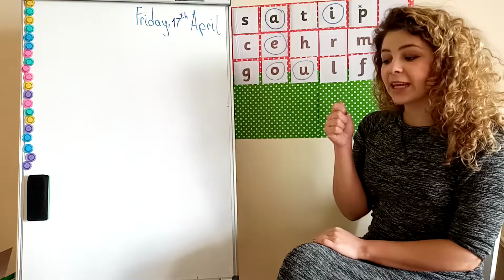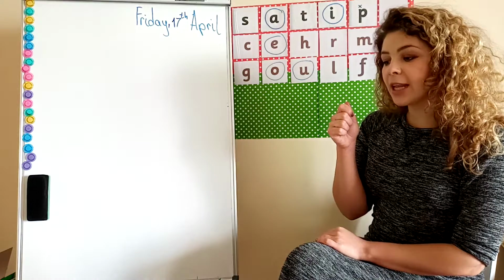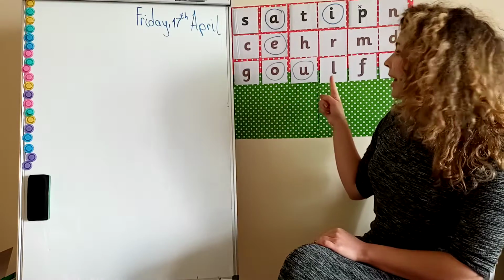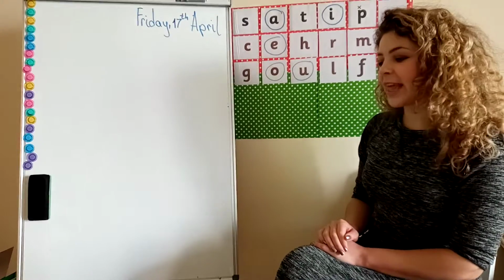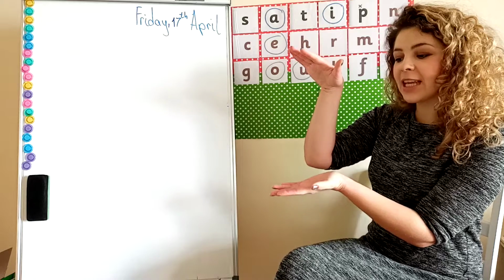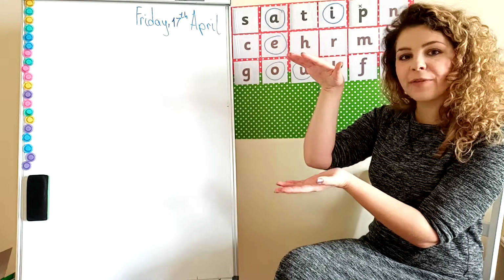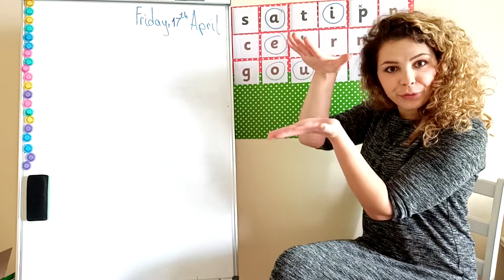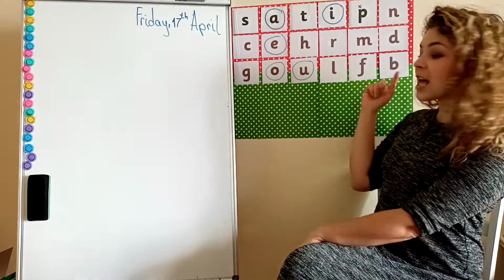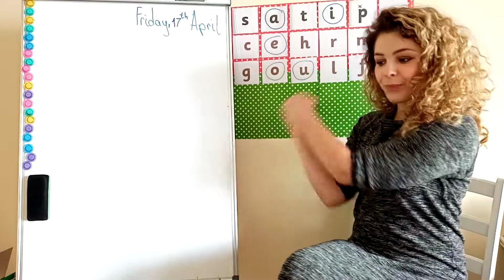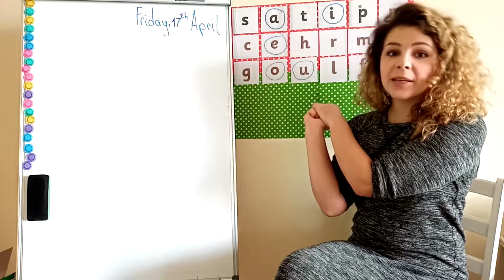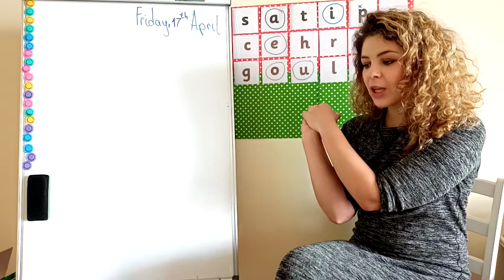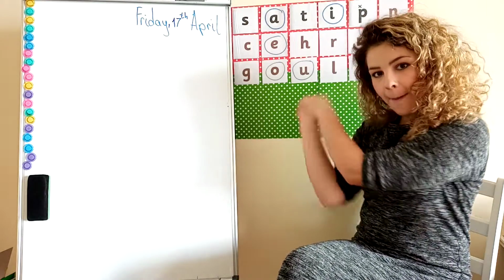Lollipops. We lick a lollipop. L is the sound. My friends and I went to the beach with my floating fish, it got a hole, the air came out. F, and the last one, B. Bring your bat and bring your ball when the party plays. B.